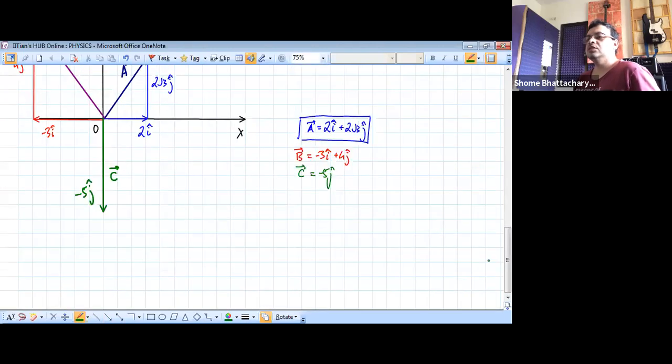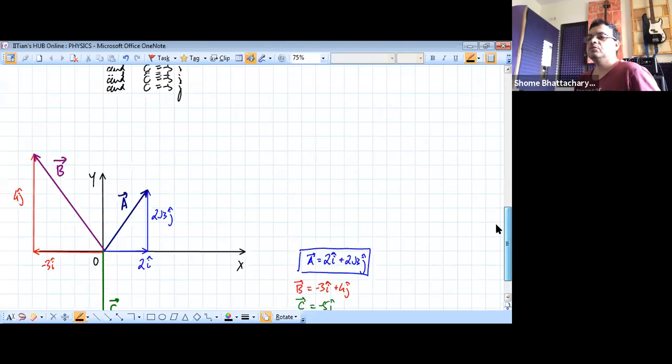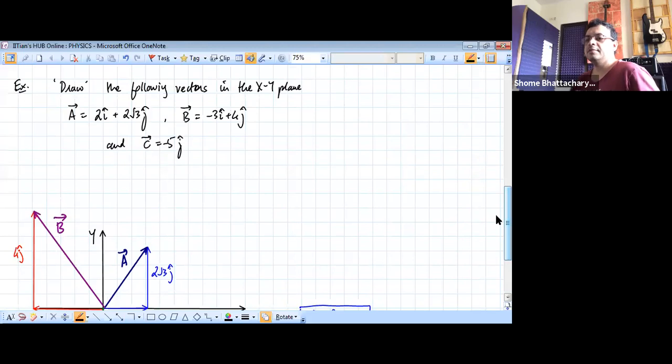So just make a note of this example and see if everything is clear to you. Just give you some time to take down the vectors first, which are given above. Then you can take down the diagram.